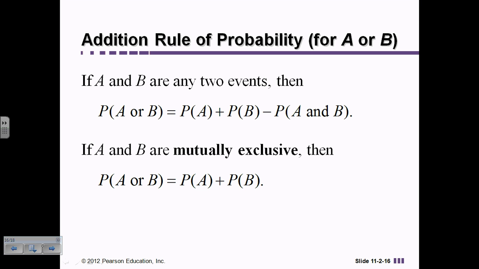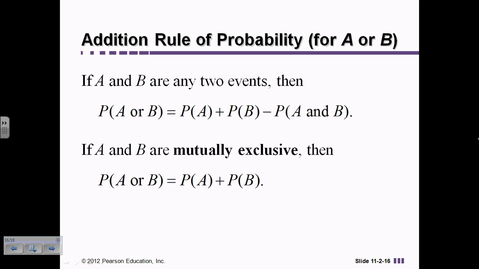The example was the even numbers and multiples of 5. We had to deduct that overlap of the number 10, which we had in both sets. But in the first example, where I had even numbers and multiples of 7, I didn't have to deduct anything because they were mutually exclusive. So that's where I just added the two probabilities together.